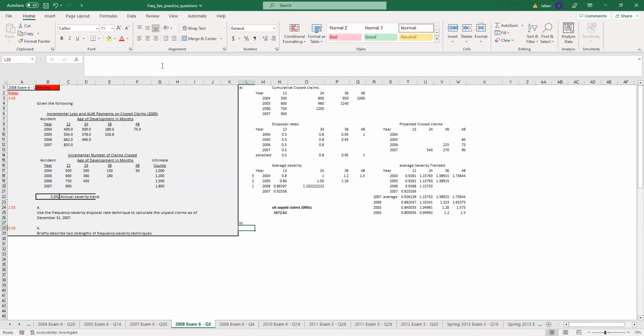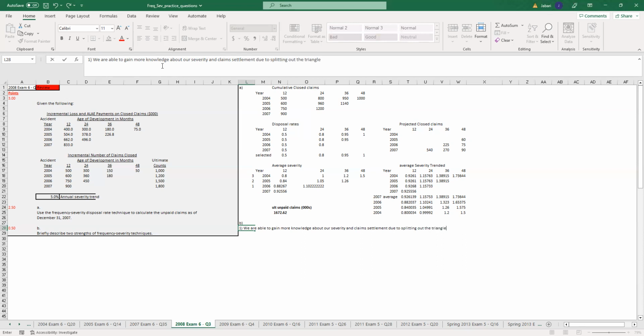All right. So part B, two strengths of the frequency severity. So I think they're going to ask us for almost all these types of questions. But one, we are able to gain more knowledge about our severity and claim settlement due to splitting out triangles between the two.